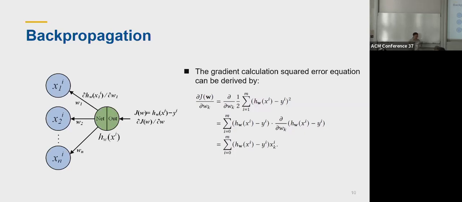In our design, we use mean square error to calculate the loss, so the gradient computation can be derived as the accumulation of h(x) minus y multiplied by x. And this can be considered as a matrix multiplication. If we implement this equation in optical domains, optical gradient descent can be realized.